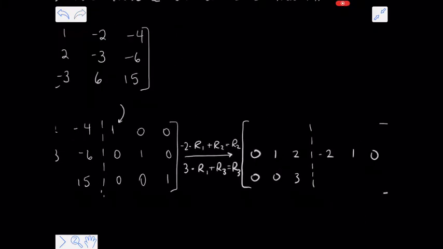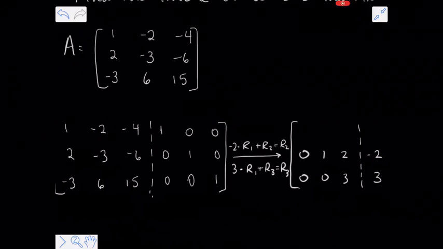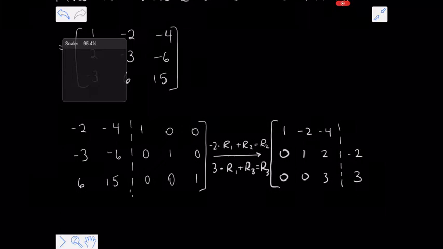And then 3 times 1 is 3, 3 plus 0 is 3. 3 times 0 is 0, 0 plus 0 is 0, and then 3 times 0 is 0, but 0 plus 1 is 1. Nothing happened to row 1, so row 1 stays the same.